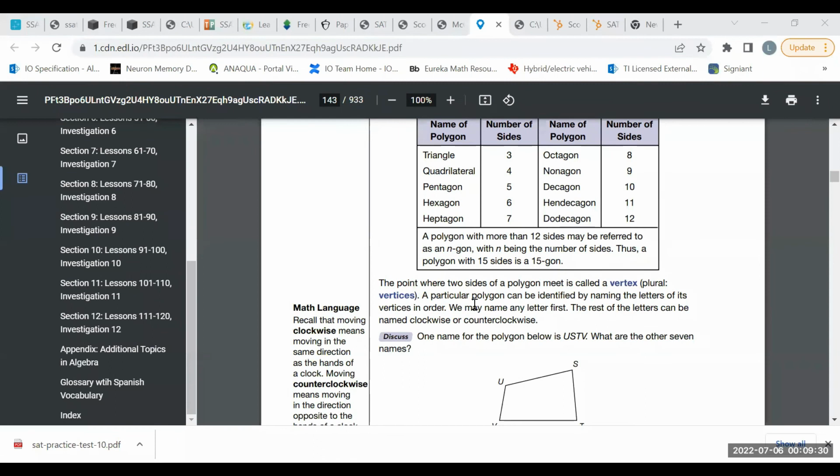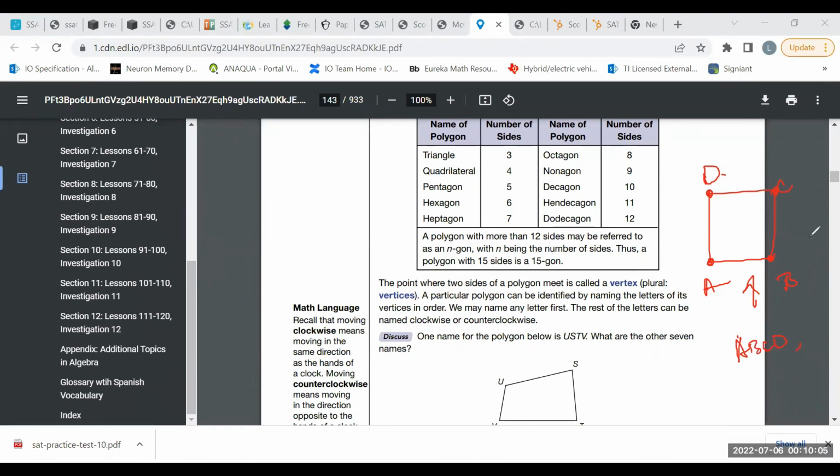Now, a point where two sides of a polygon meet is called a vertex. So in a square, for instance, each of these points where two sides meet are called vertices. Now, a particular polygon can be identified by naming the vertices with letters of the alphabet. So if I name this A, B, C, D, then I identify this polygon as polygon ABCD.